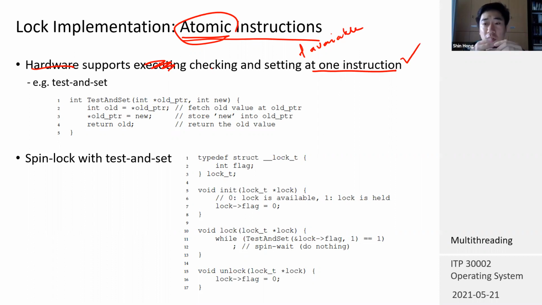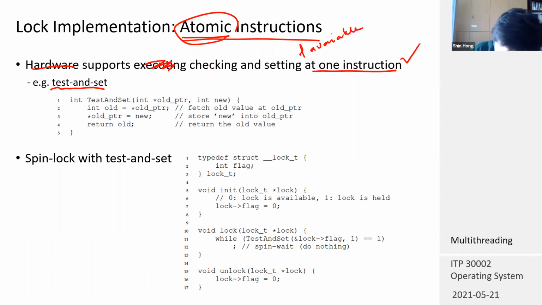Some special instructions are provided for most computer architectures. There are various forms of such implementation, and test and set is one standard way, a very typical example of an atomic instruction.